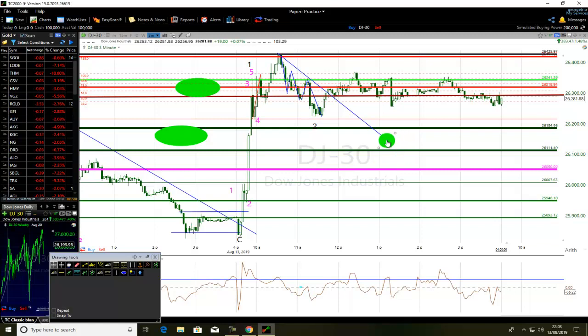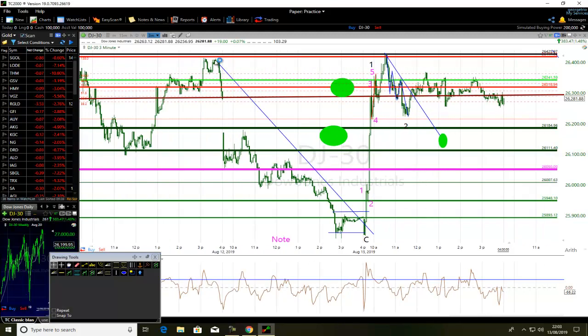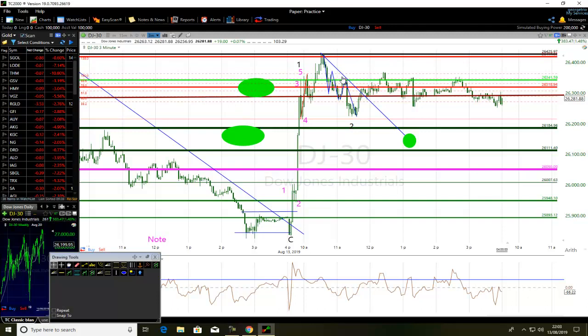The sweet spot zone is between the 50% and the 61.8% Fibonacci retracement of this move from here, where my cursor is, down to this point, which is the trading session on the 12th of August. The sweet spot zone is here. So my expectation is that the C wave of the flat correction gently brings the price into this zone.